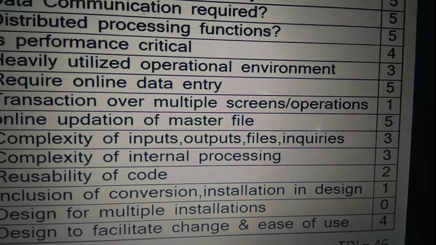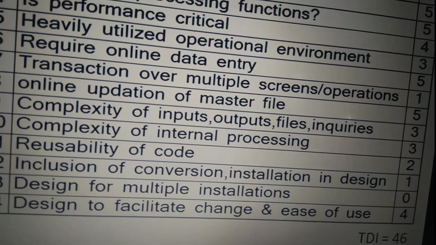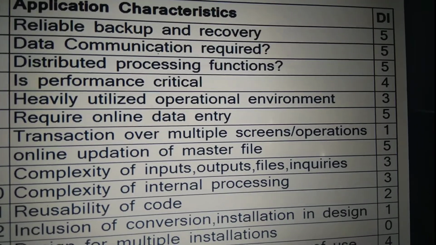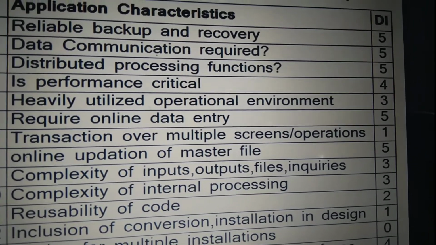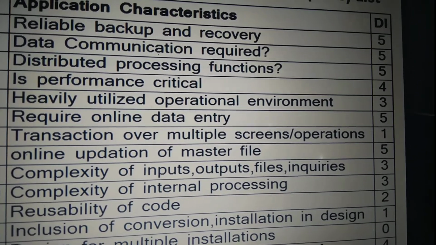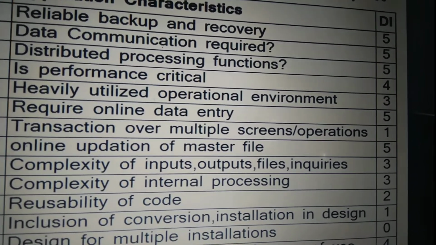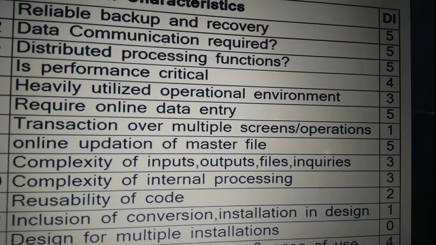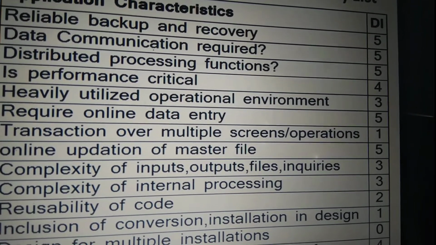So for a particular software we assess reliable backup and recovery. Say for example in case of banking software or railway reservation software, we take it as 5. It should be essential. Data communication required for banking or railway reservation, we take it as 5. Distributed processing functions, we again take it as 5.